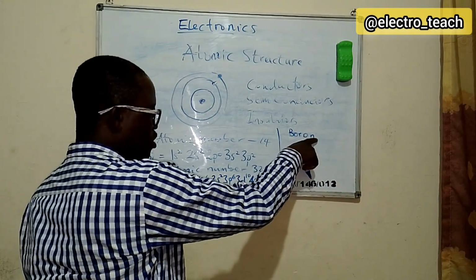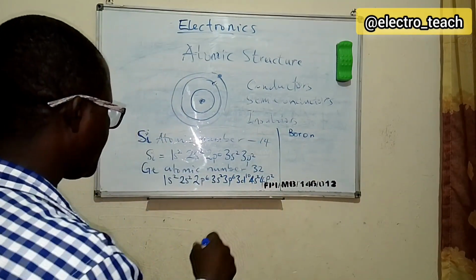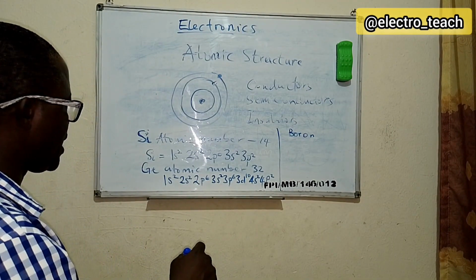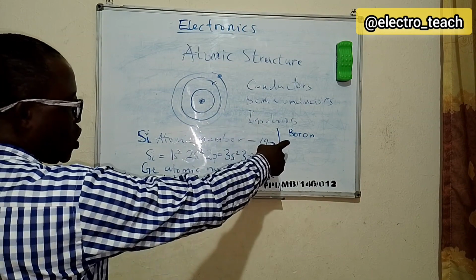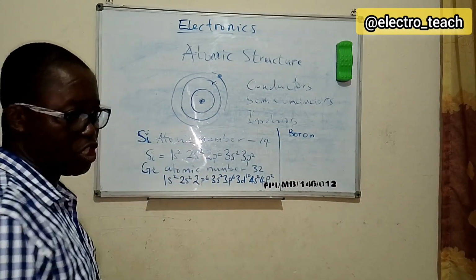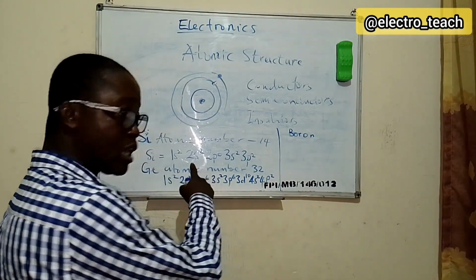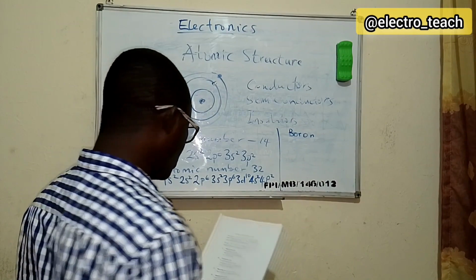Boron, on the other hand, is not a semiconductor, but it's a material used in doping semiconductors. It is one major impurity element used in doping semiconductors to achieve good electrical properties. So we are interested in its own electronic configuration.